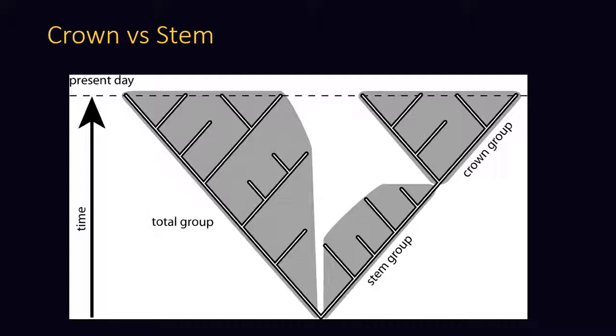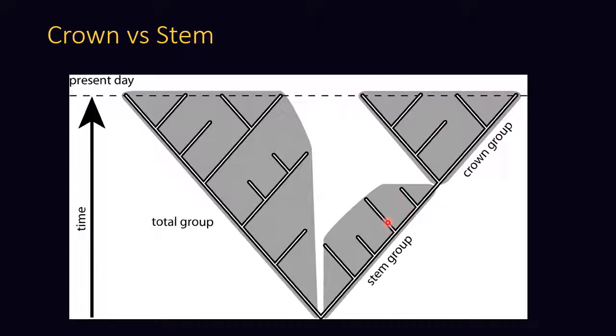Now, one thing we're going to talk about, and I'm going to use a few times, is the idea of crown mammals versus stem mammals, or crown carnivorans versus stem carnivorans, or crown primates. So, a crown group is the members of a clade that are still alive. So here, this crown group, we can think of this like maybe this is placental mammals and marsupials and monotremes, and they're the ones that have made it today.